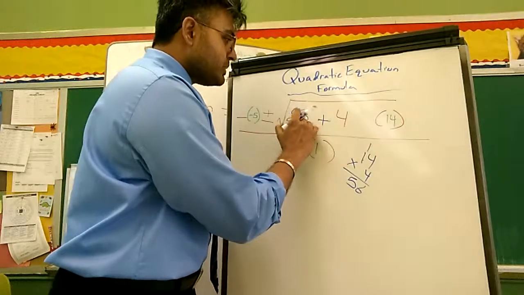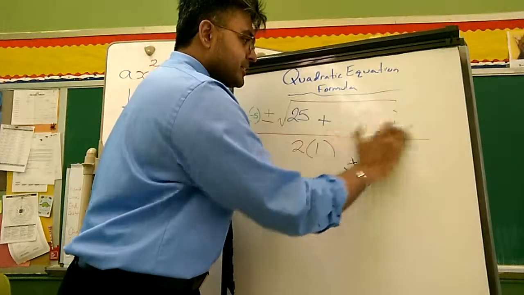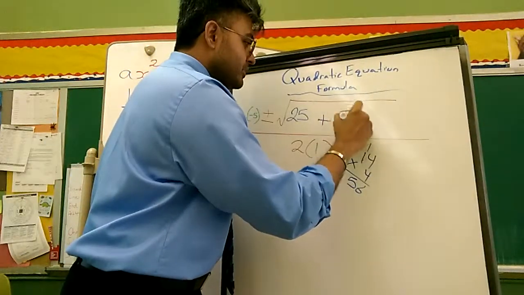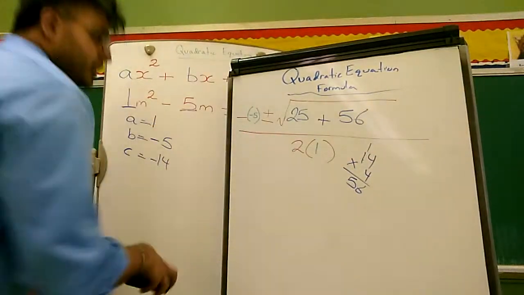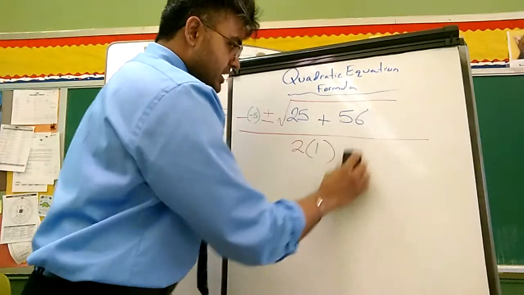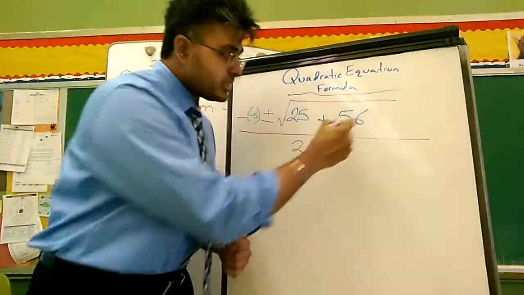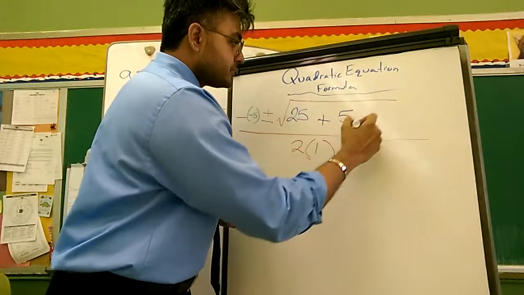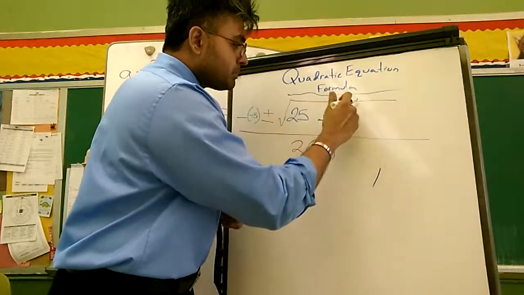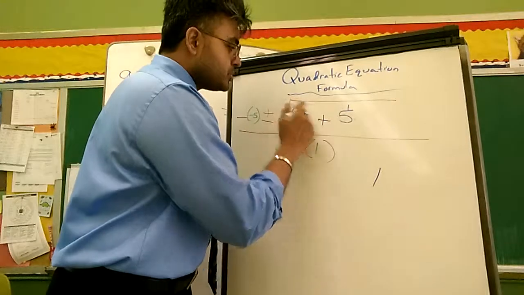So that means it's going to be 25 plus 56. And of course, that's pretty easy math. 25 plus 56: 5 plus 6 is 11, 1 plus 2 is 3, plus 5 is 8.